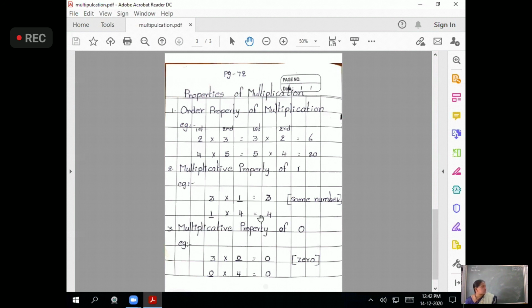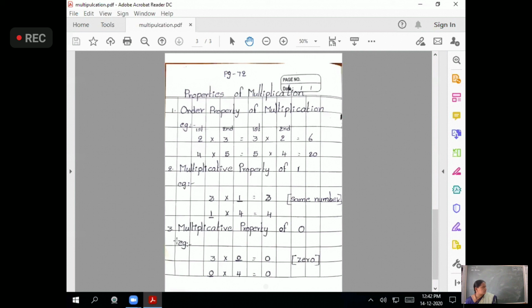So 4 is the answer. 1 4s are 4. So when we multiply with 1, we get the same number. So in the question, if you see the 1 in the multiplication, the remaining number will be the answer. That is the second property.